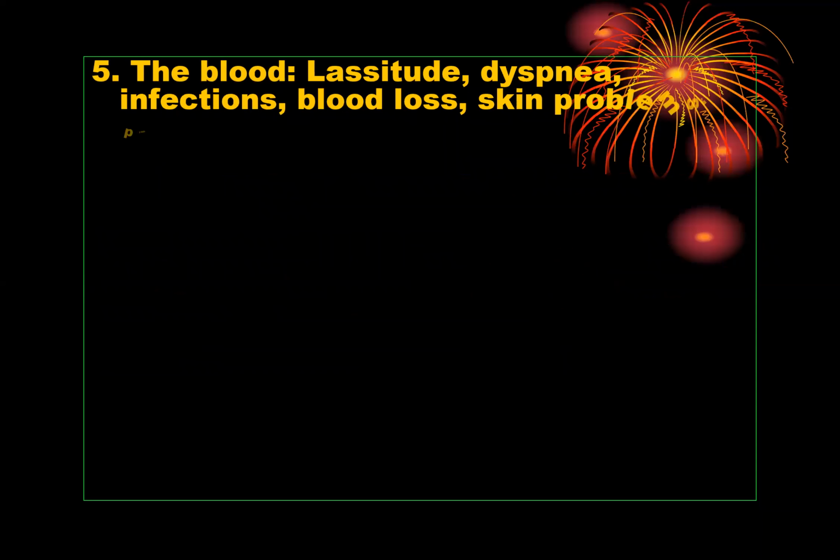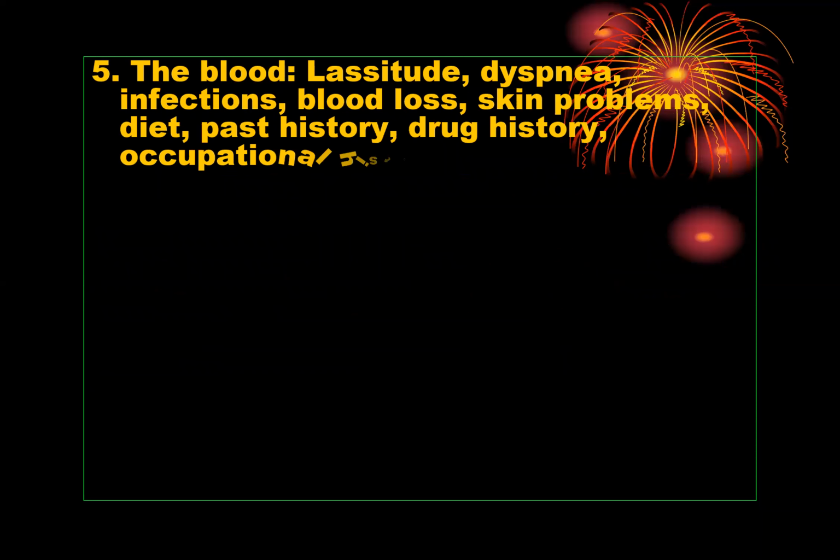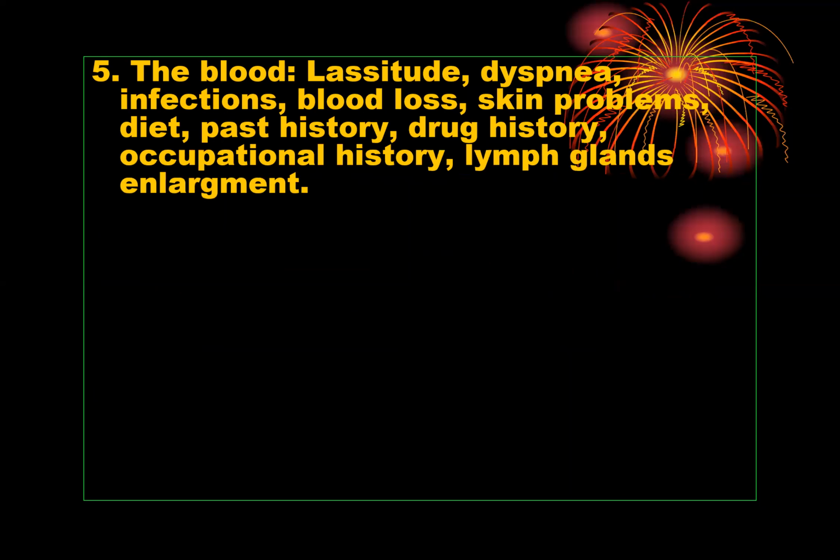The blood: we have to ask about lassitude, which is weakness, tiredness, dyspnea, infections, blood loss, skin problems, diet, past history, drug history, occupational history, lymph gland enlargement. All these symptoms we are going to talk about in detail when we discuss the introduction to manifestations of blood disorders.